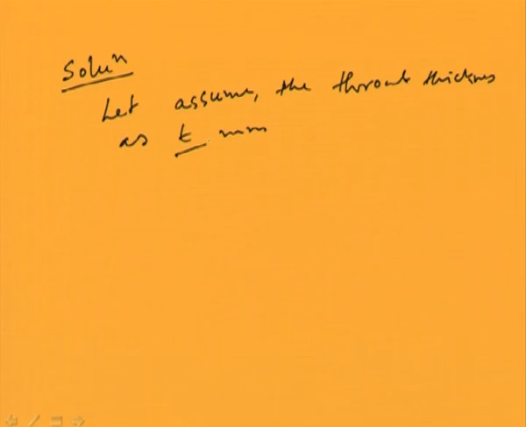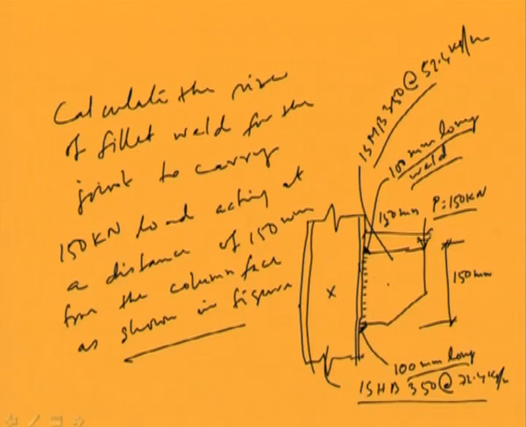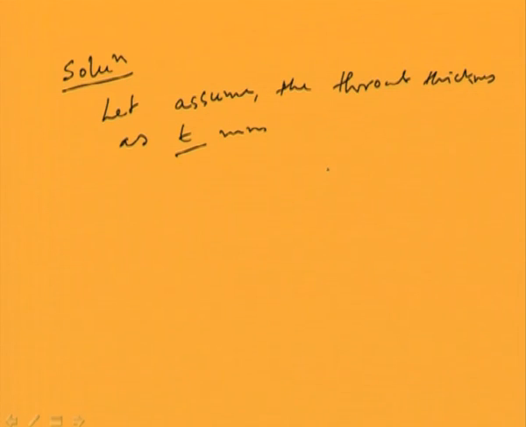Let us assume the throat thickness as t millimeter. First, what we have to do? We have to find out the Ixx, because if we see the plan of the welding, it is something like this.